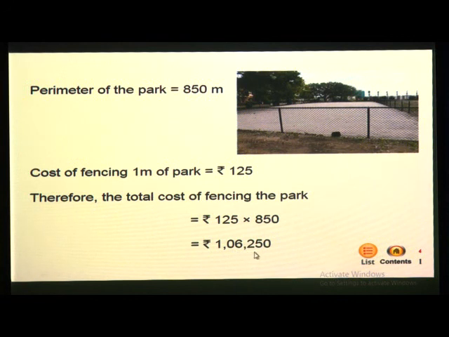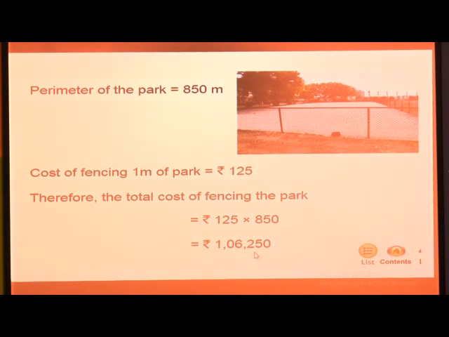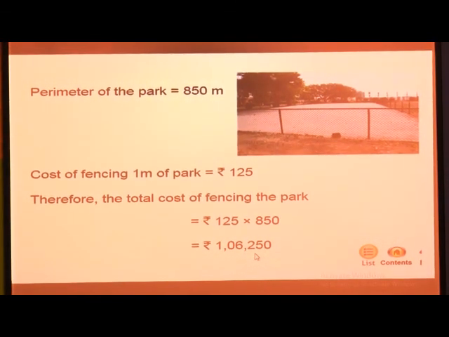So therefore the total cost of fencing the park is 1,06,250 rupees. So this was another type of question where we need to first find the perimeter of the given park, and then we need to find the total cost of fencing.